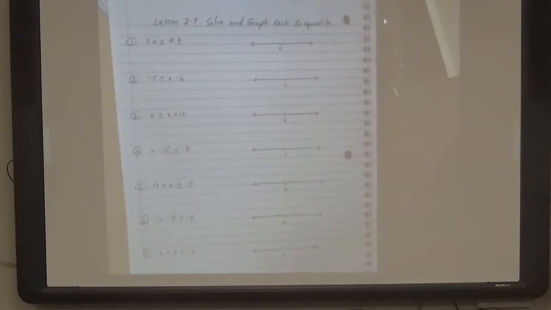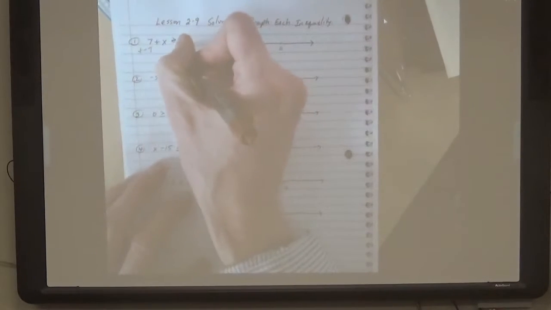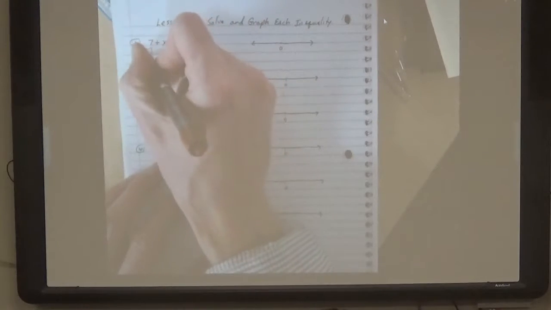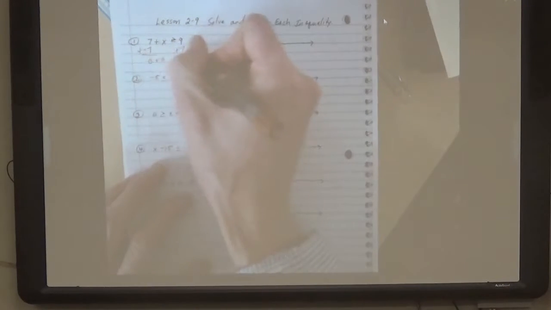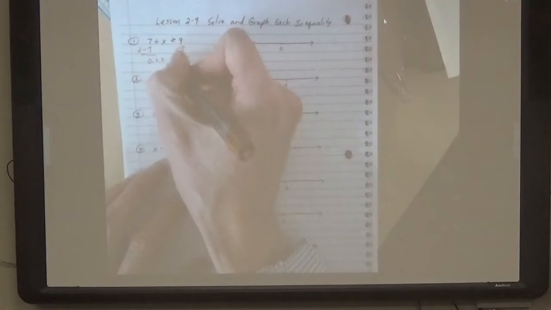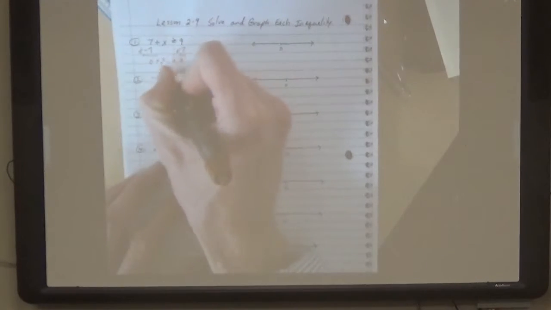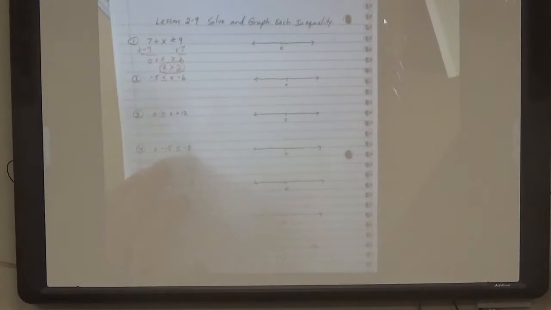Come on, people. Tyler. Add negative 7 to both sides. So 0 plus x is greater than 2. That means x is greater than 2. That's our solution. Circle the solution.